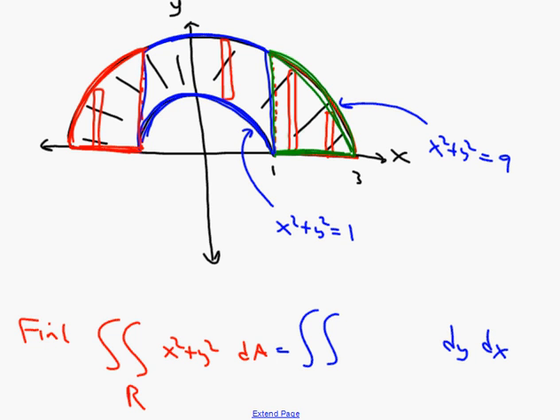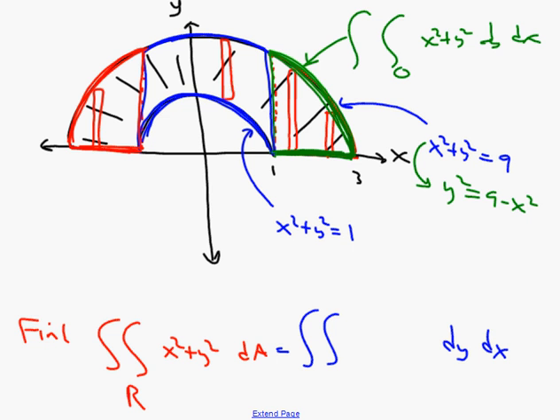Okay? So I guess we'll do the green one first. So this green one here, double integral dy dx, x squared plus y squared. Y is varying from 0, because the base is always 0, to this semicircle. Well, we need to write this as y equals. And we can do that. We get y squared equals 9 minus x squared, or y equals the square root of 9 minus x squared.